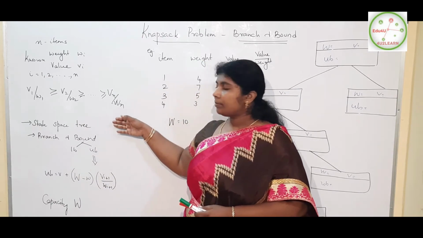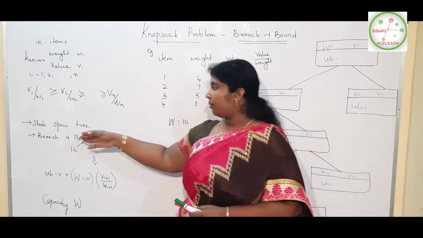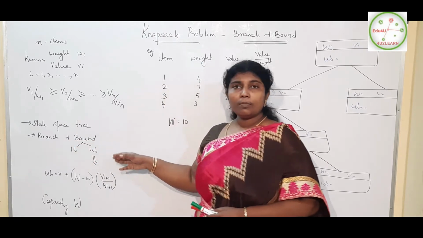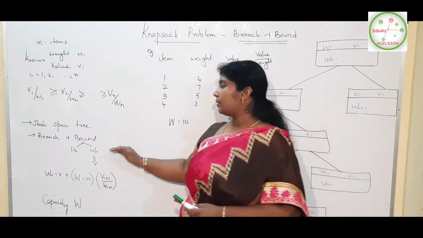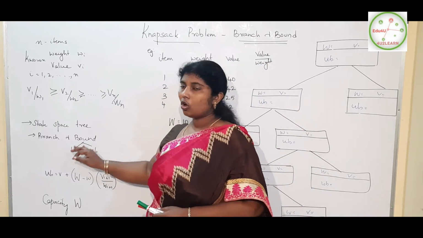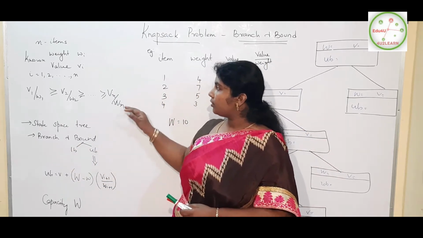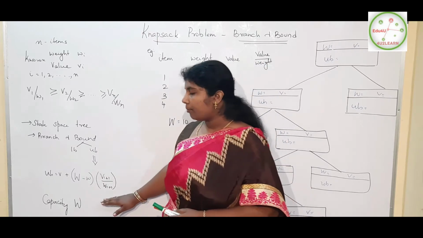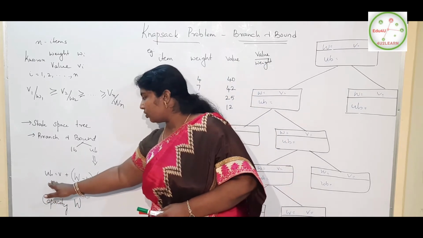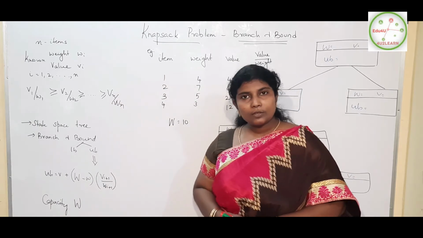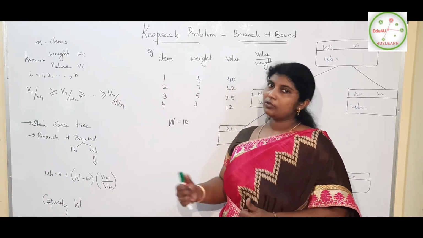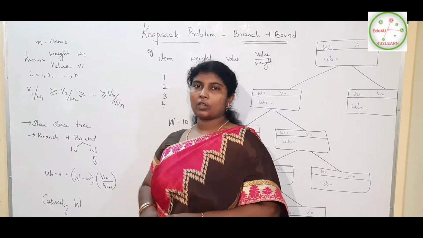We use the state space tree, and the branching takes place depending on the bounding factor, whether it is maximum or minimum. We decide whether it is the upper bound or the lower bound. Here, it is the upper bound. So we have the actual value and the prediction value. Let's go to the example so that you will understand it much more clearly.